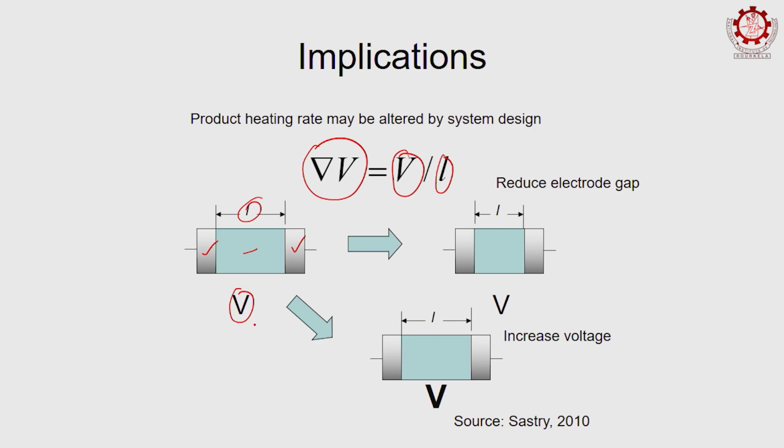So, maybe let us say this is 30 volts, you increase it to 50 volts, and this distance is 3 centimeters, you keep the 3 centimeters, but the ratio is different. So, you can have a higher voltage gradient. Or you keep the same voltage of 30, and instead of a distance of 3, you decrease the distance to say 1.5, then also you can change the voltage gradient.